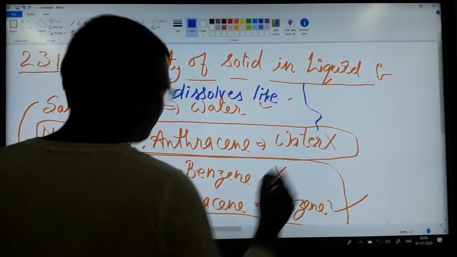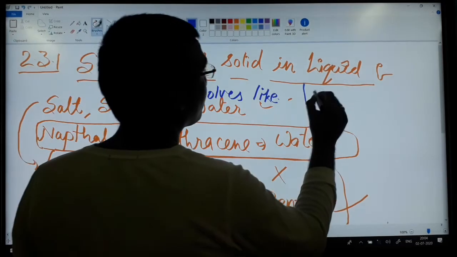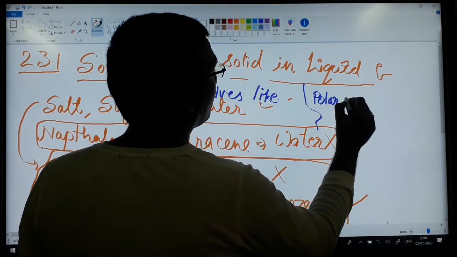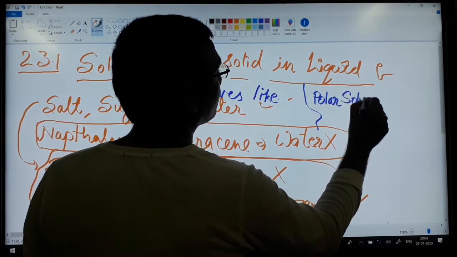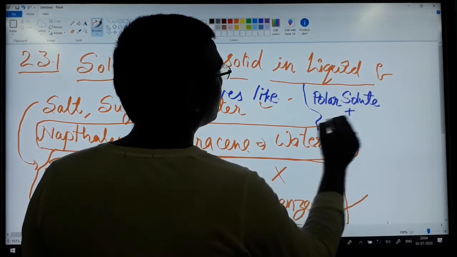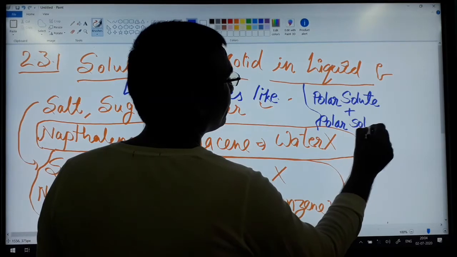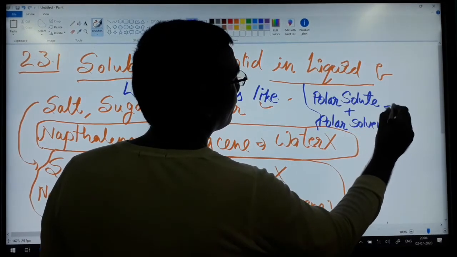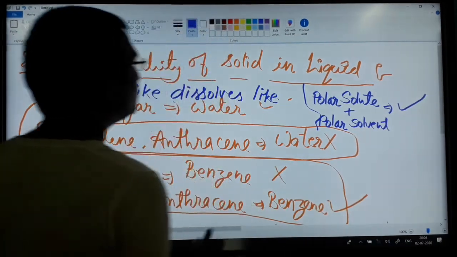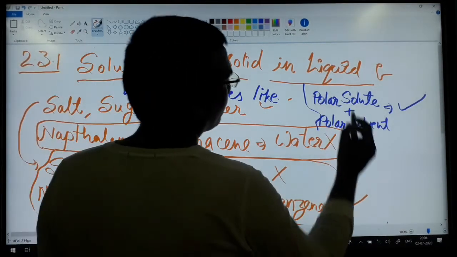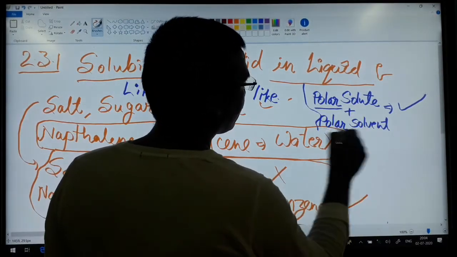Simply we can say polar solute plus polar solvent dissolved means soluble. This is like.